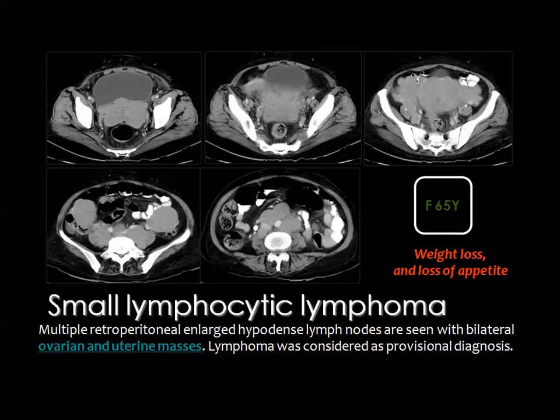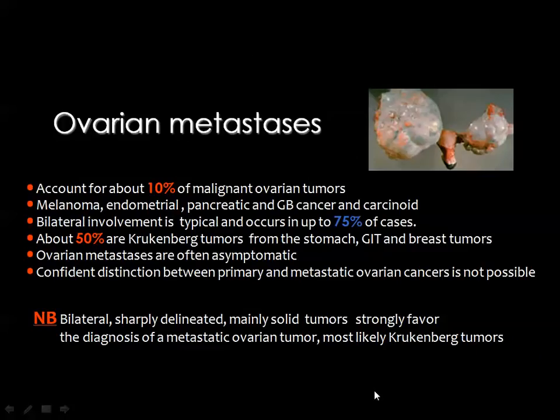If you remember, one of the suggestive criteria of lymphoma is the presence of bulky, homogeneous, amalgamated lymph nodes. In this case, it is easy to see the bulky, homogeneous, amalgamated lymph nodes surrounding the aorta, and a big mass involving the uterine corpus as well as the uterine cervix and the adnexal region. This is an ovarian and uterine lymphoma.